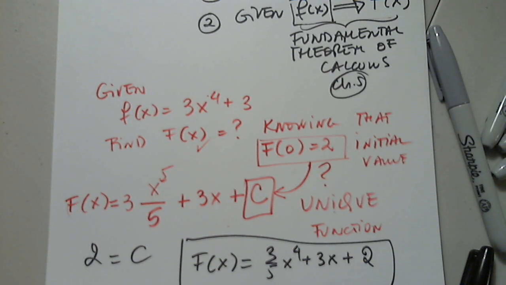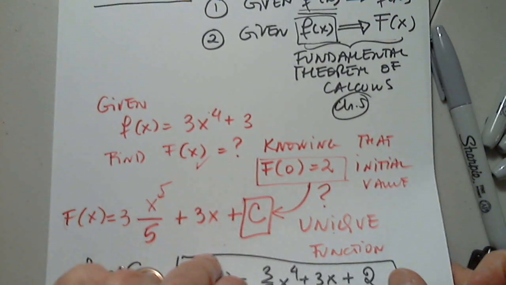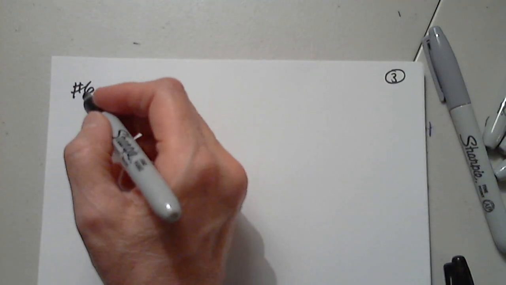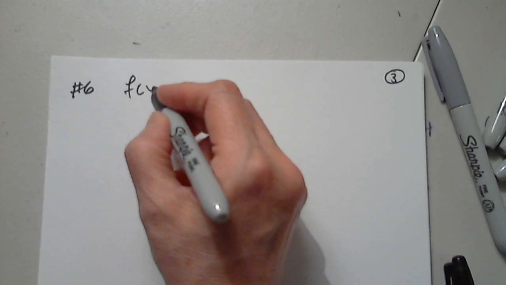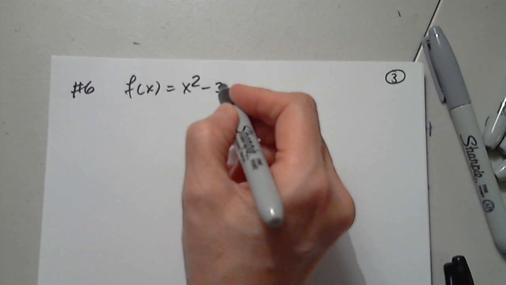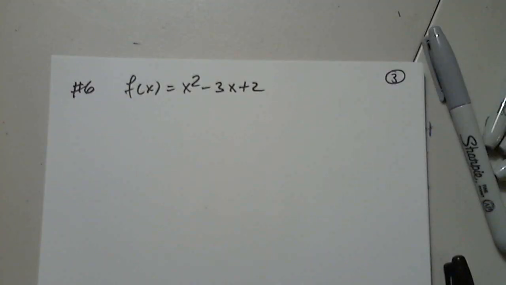Can we do 6? Yes. So let's start with 6. And we have f of x equals x squared minus 3x plus 2. We have no initial value.